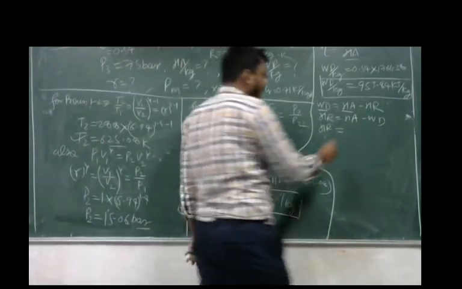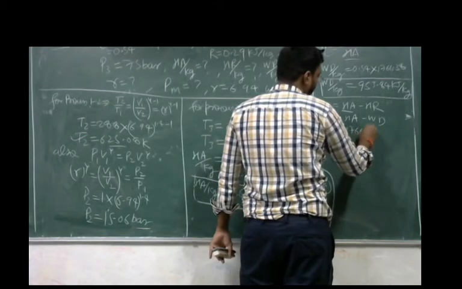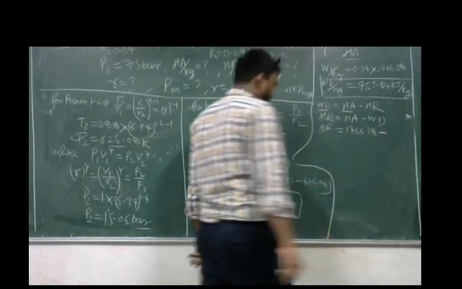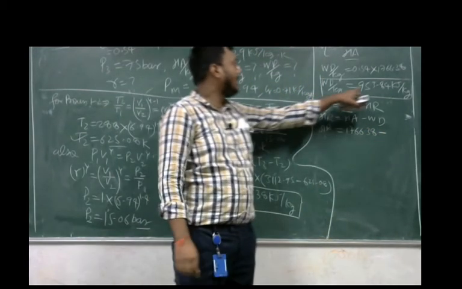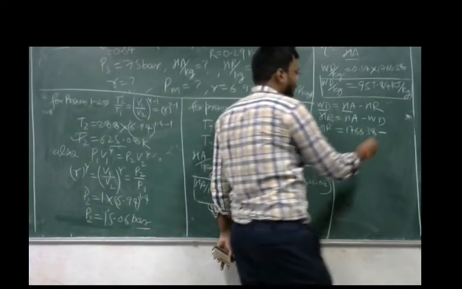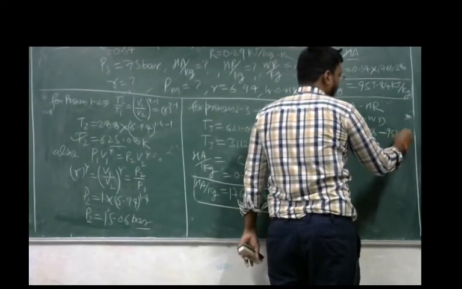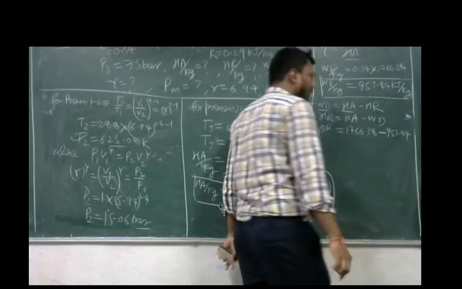1766.38 minus what is the value of work done? 953.84. Okay.